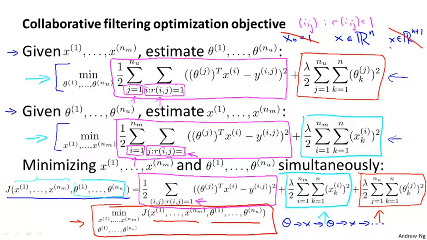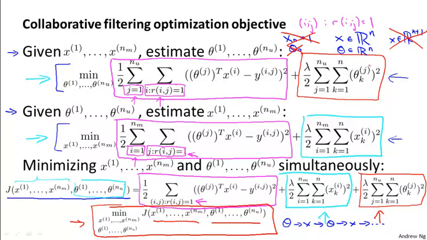By getting rid of x0, we now have just x in R^n. And so similarly, because the parameter theta is in the same dimension, we now also have theta in R^n, because if there's no x0, then there's no need for a parameter theta0 as well.